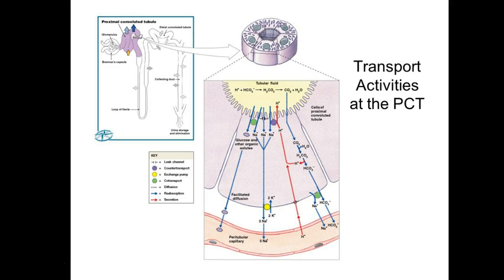This would be a pump, a pumping action. Remember, or just refresh your memory, a pump is an embedded protein that requires ATP. ATP comes in and will change the shape of the protein so that the ion can fit in and then open up and be able to move the ion from one space to another.